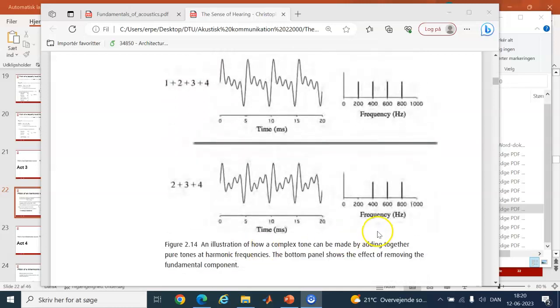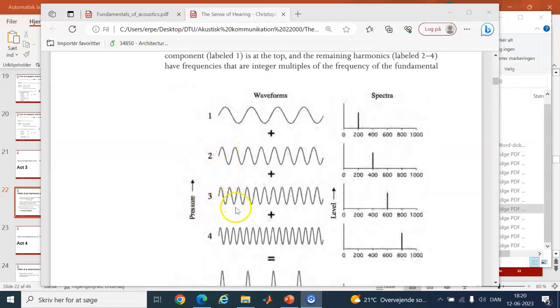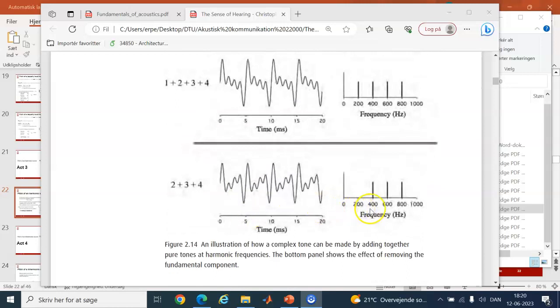If we omit the fundamental frequency, we get 2 plus 3 plus 4, and then this waveform here, and still the period is 5 milliseconds.